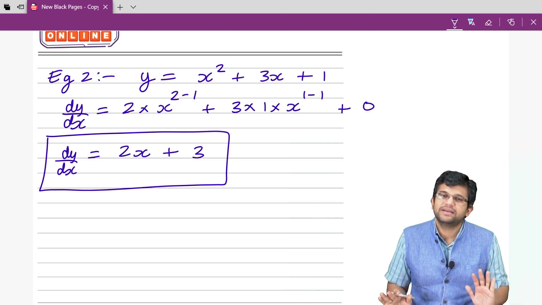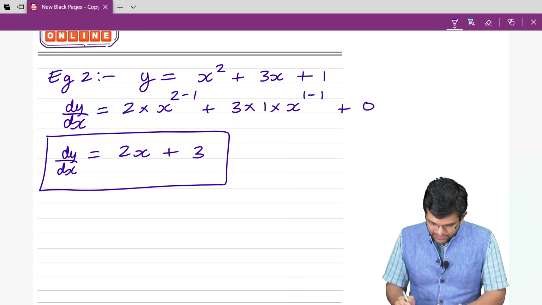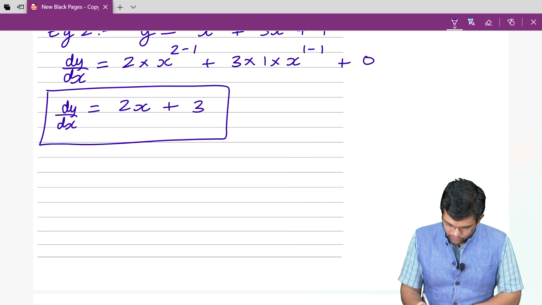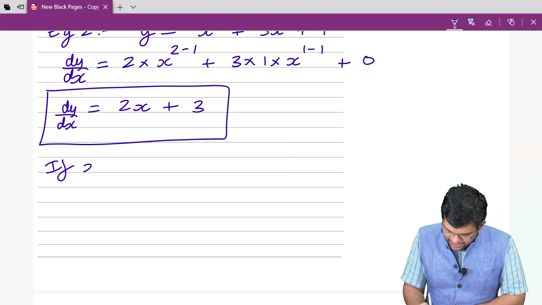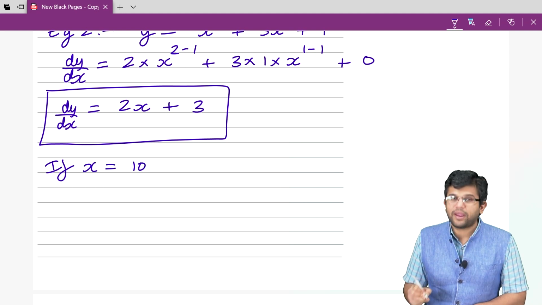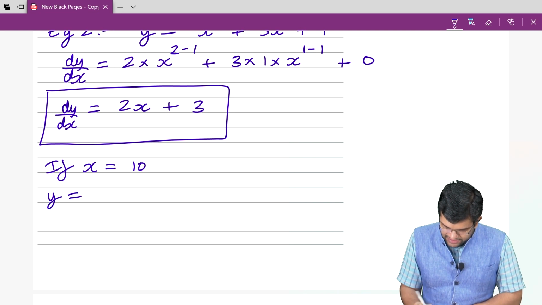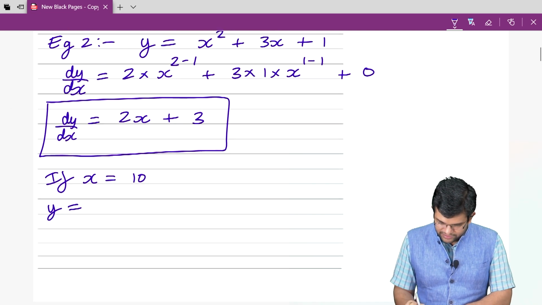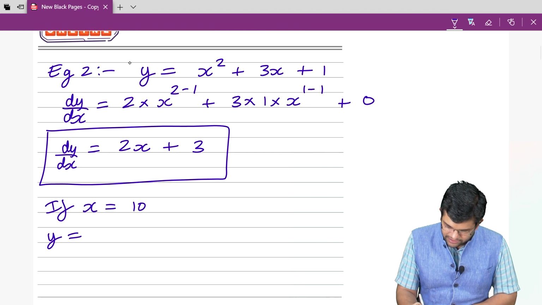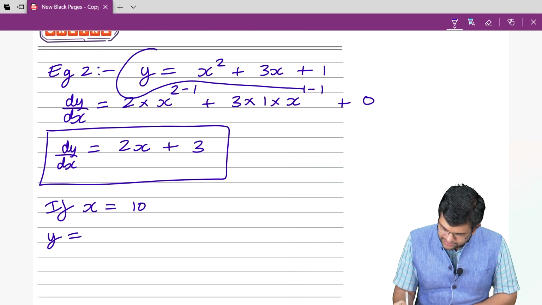Everyone clear with this? Can we go ahead? Great. So children, now see what I'm doing. If x is equal to 10, students, can I say y is equal to, now children, this is not the equation, the equation is here. I hope you are able to see. This is the equation.